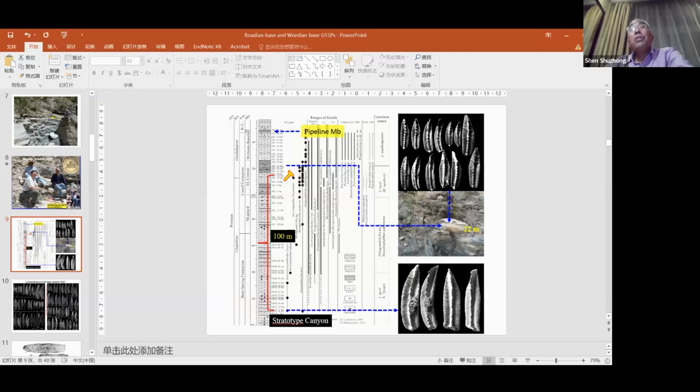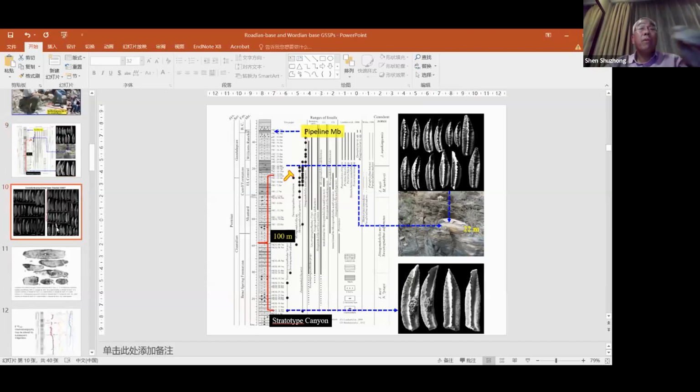So if we want to use nankinensis to define the GSSP at the stratotype section, then we have to define it with this sample, or a sample in the base of the Williams Ranch member with the typical nankinensis. But this is a nodule; it's not a stable bed, so that will be difficult to use as a horizon to define the GSSP. So probably we want to choose some sample here with typical nankinensis. But that's the problem we have recognized.